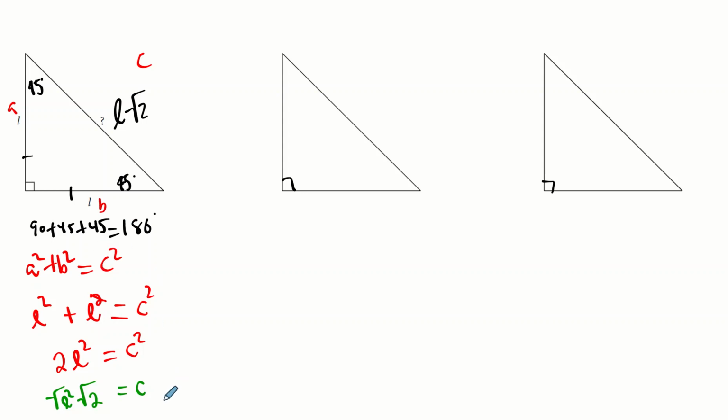Now, let's clean this up. So that tells us that c is equal to, well, the square root of L squared is just L. And the square root of 2 is just the square root of 2. Ha! Check that out. That is true. Right? Then that's how you would do it if you didn't have any numbers, I should say.